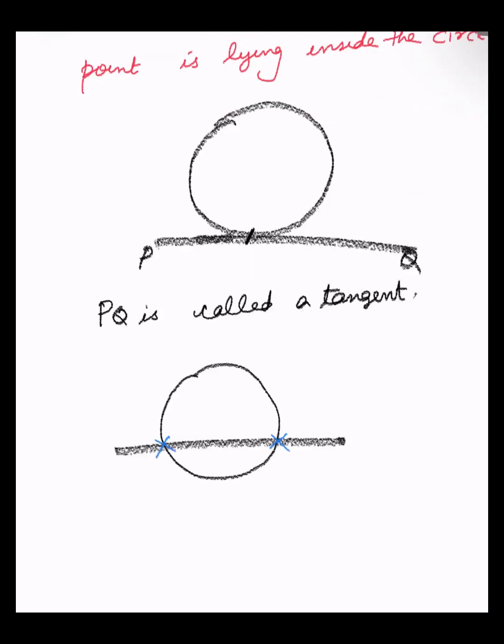Now, when a straight line is actually cutting the circle, or in mathematical terms, it is intersecting the circle at 2 points.